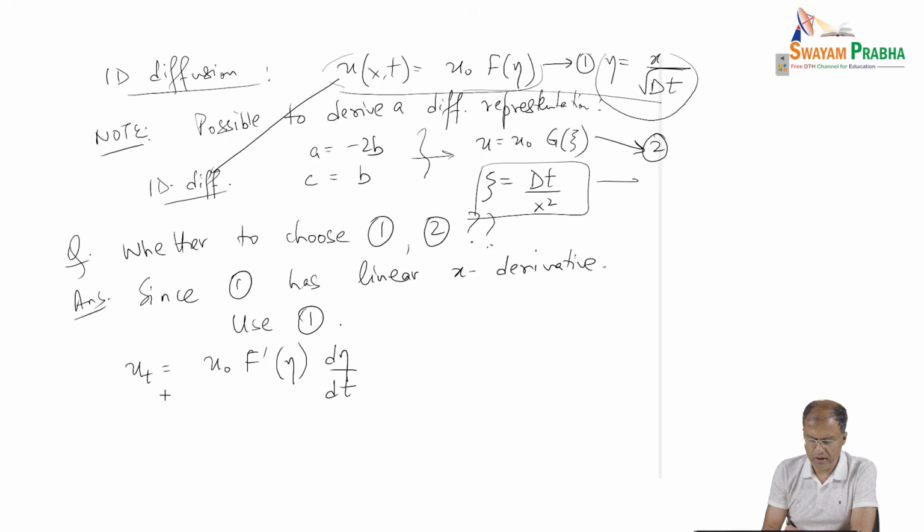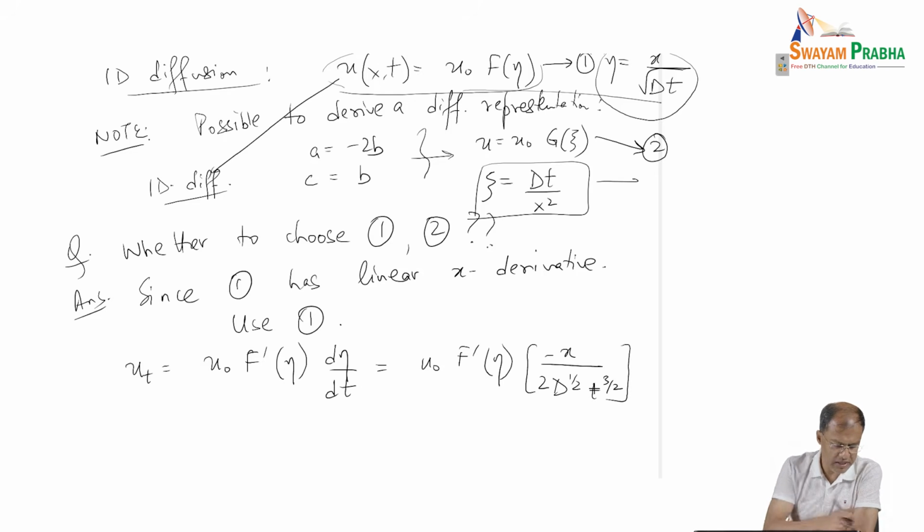So this is our ut using the chain rule that we have found. Again, this is going to be u naught f prime eta times minus x. So t is in the denominator here with square root. So this is 2 times d to the power half times t to the power 3 by 2.